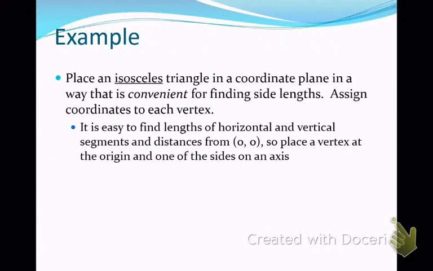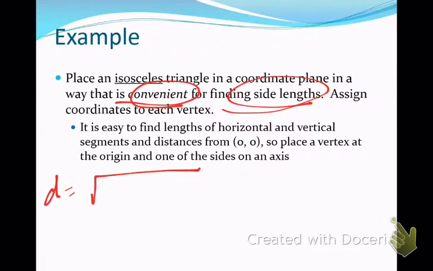And then we're going to assign coordinates to each of the vertices. Now, what do you mean by convenient for finding side lengths? Well, remember that when we're in a coordinate plane, finding the length of segments is the same thing as the distance between two endpoints. So we're going to use the distance formula wherever is necessary.